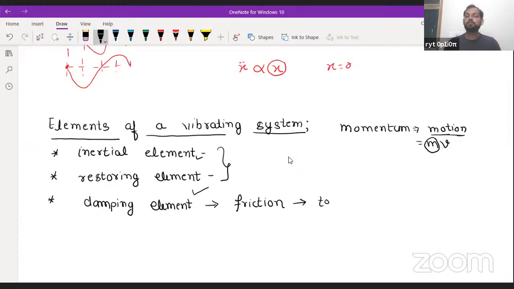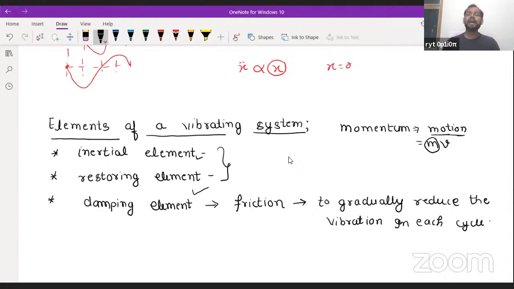to gradually reduce the vibration in each cycle. As you know, friction is responsible for the degradation of energy.